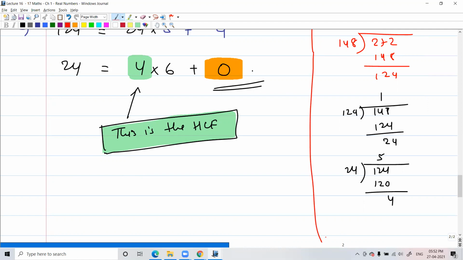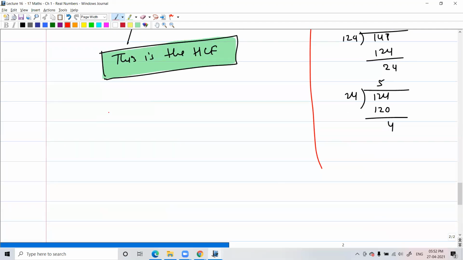So the steps are fairly easy, right? Everyone understood what steps you need to follow? Yes, sir. So anyway, you'll practice more sums and then you'll remember it. Don't worry, this may seem a little complicated to people who have not done this already.